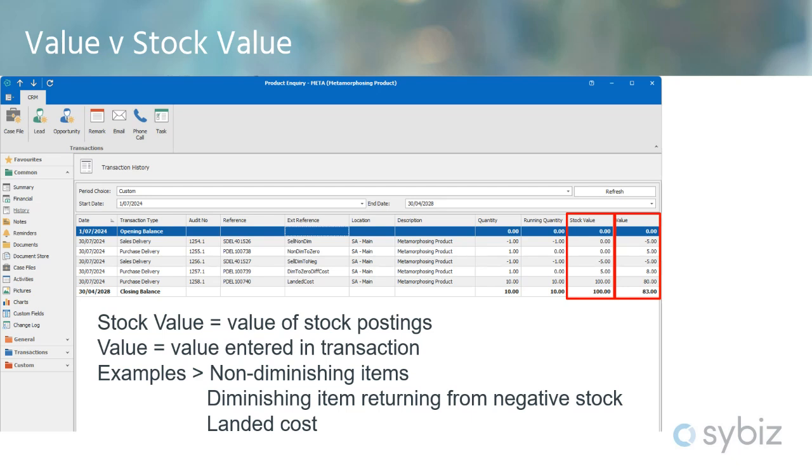To get back to a situation of 0 value and 0 stock, which is our cumulative run, or our running quantity at that point in time, we need to use a stock value in the system of $5, because it would be pretty stupid to say we've got 0 in stock worth $3. So even though $8 was used in that transaction, the system's only used $5.